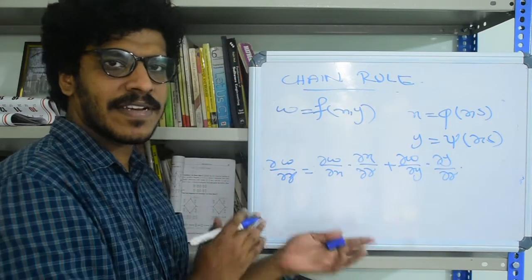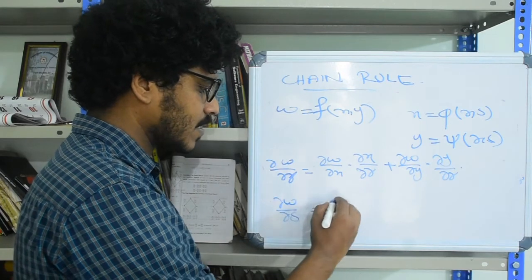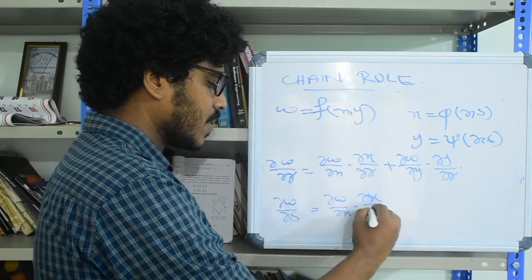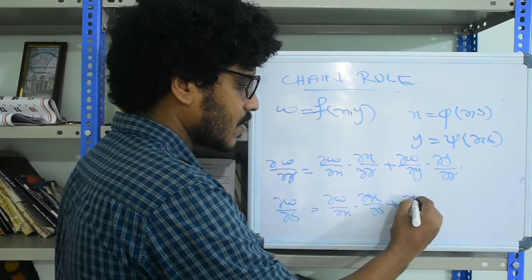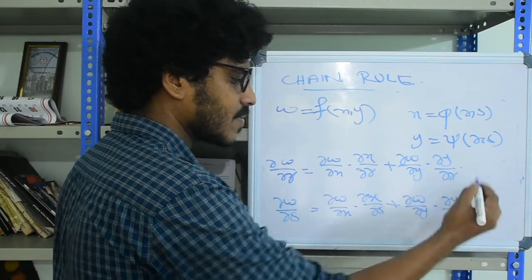That's enough. We don't have any z term here. So dou w by dou s is dou w by dou x into dou x by dou s plus dou w by dou y into dou y by dou s.